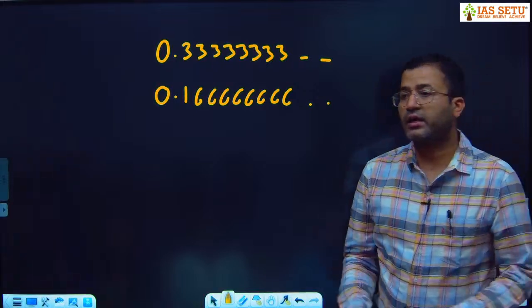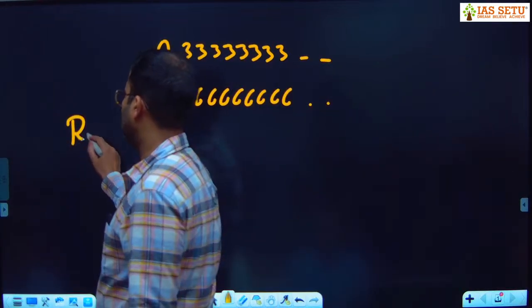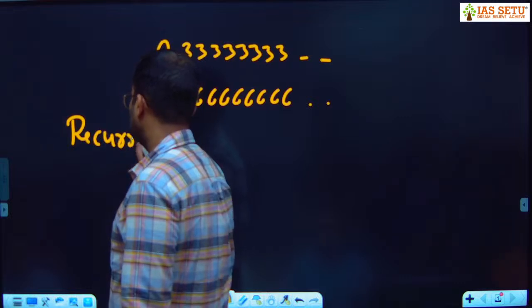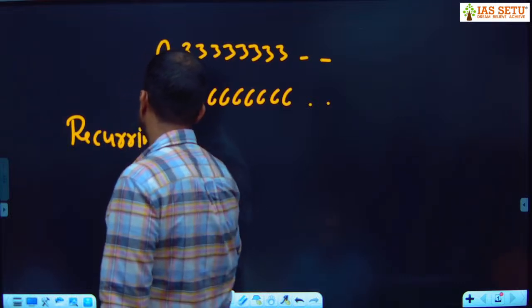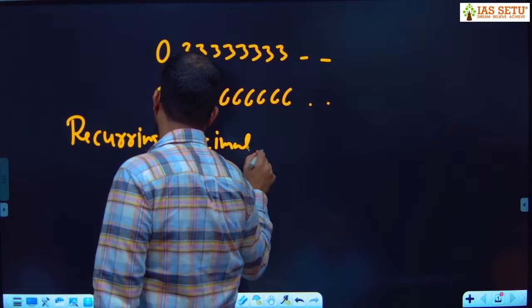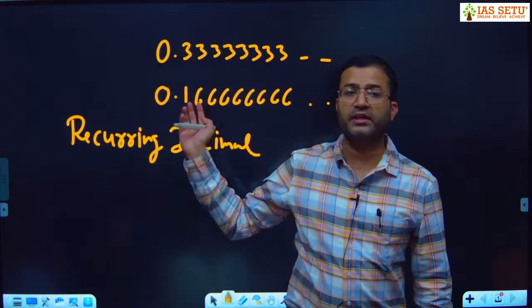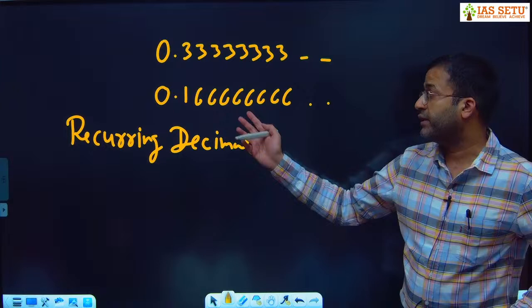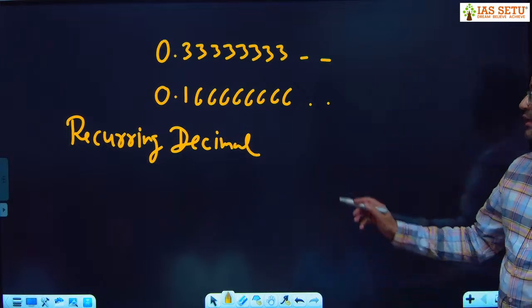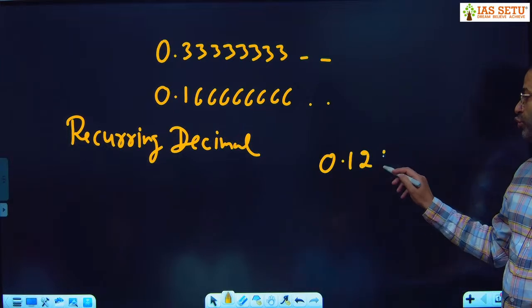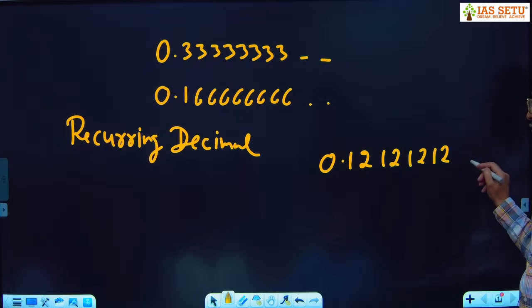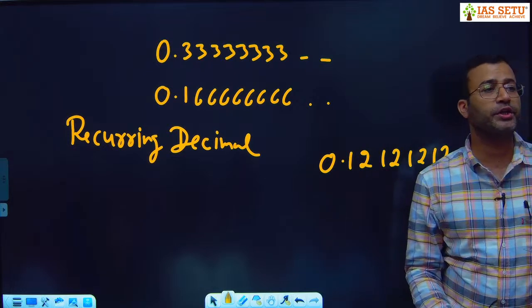These are called recurring decimals. Here 3 reoccurs again and again. Here 6 reoccurs again and again. It can be 0.12121212. Here 12 reoccurs again and again.